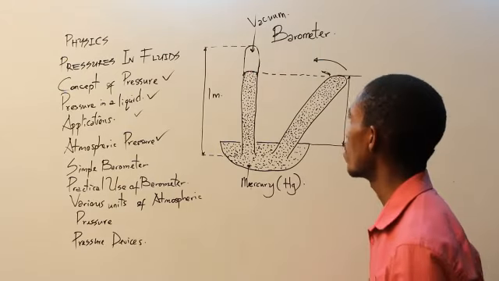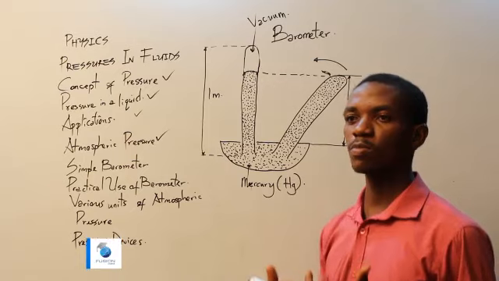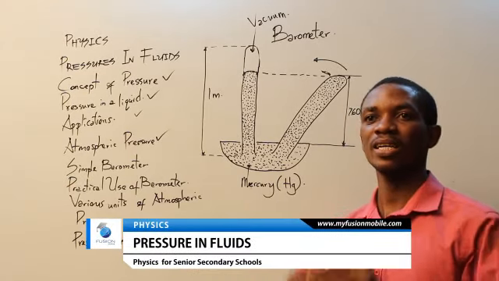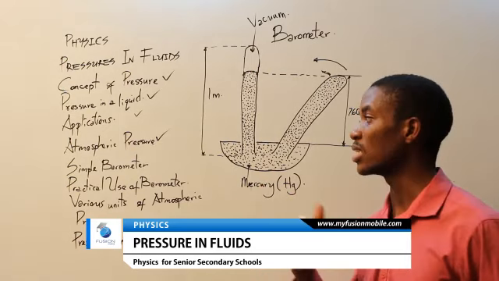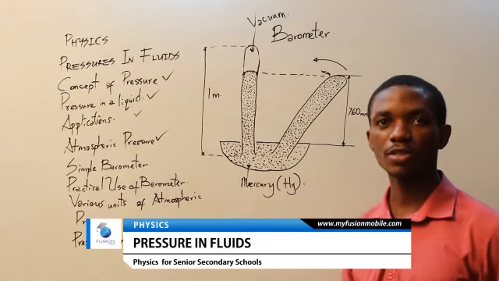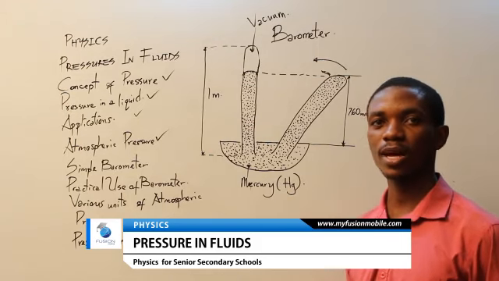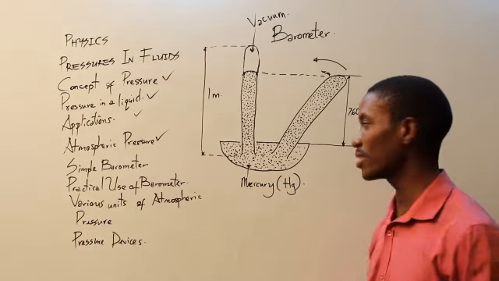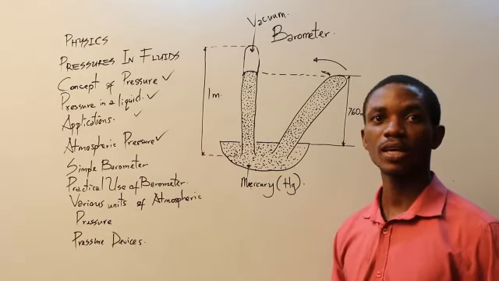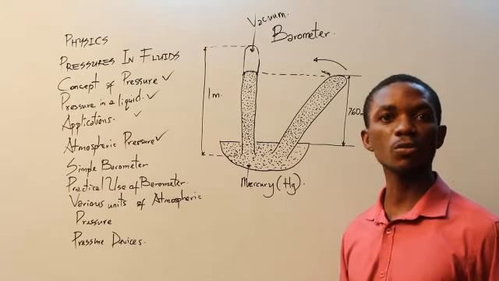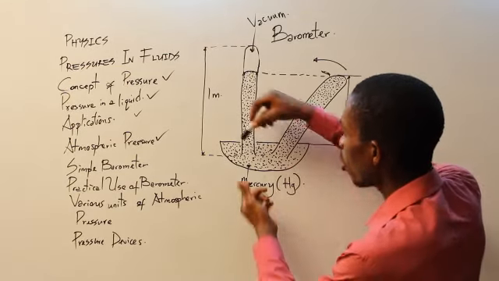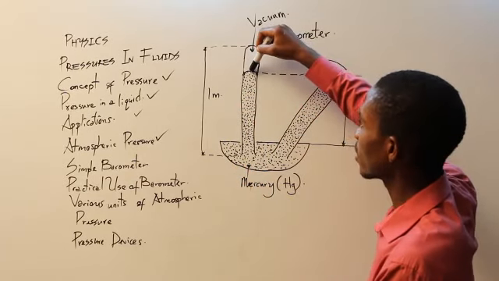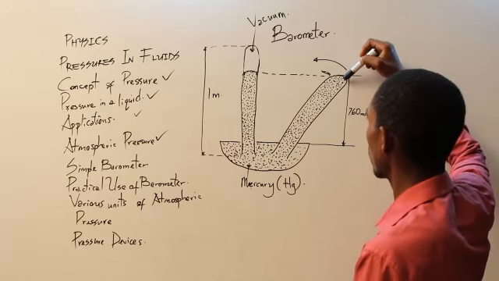So what happens to the mercury? It is simply responding, taking a measurement of the pressure in the atmosphere. That is the atmospheric pressure. How is this done? Remember I talked about Pascal's principle earlier. Pascal said that the pressure is uniform at every point in a liquid. So the pressure at this place is equal to the pressure at this place, which is also equal to the pressure at this place.